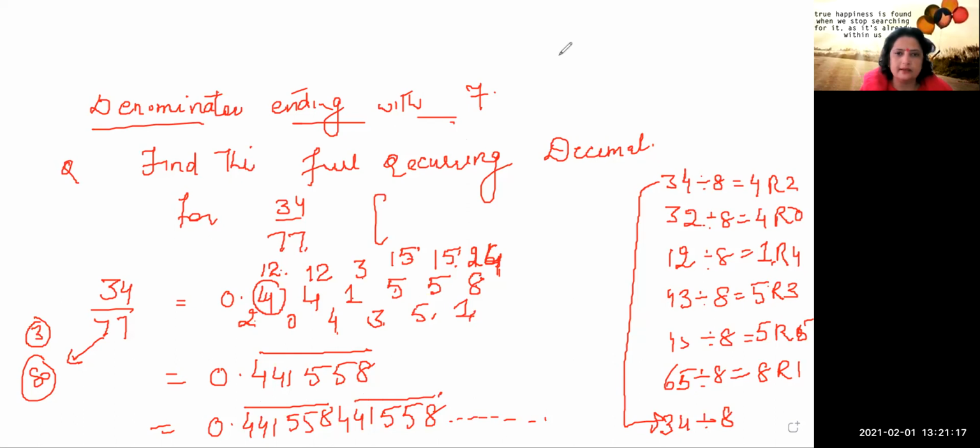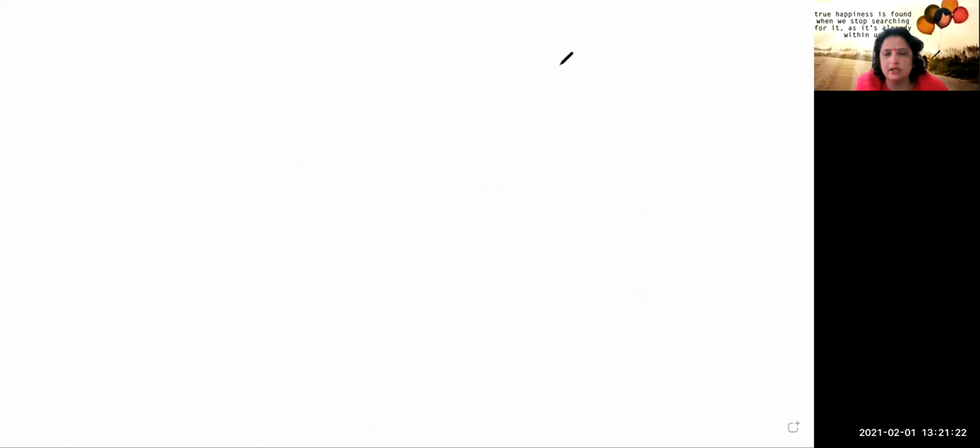So let's do one more example to convert the fraction into decimal, and the fraction having the denominator ending with 7. Sorry.